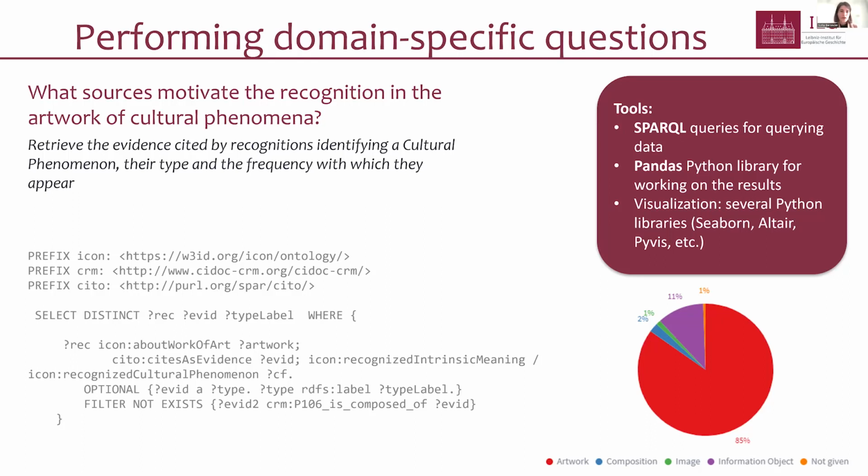So you see how, having this data with a very detailed and complex structure, it is possible to address these questions that are interesting for art historical inquiries as SPARQL queries.